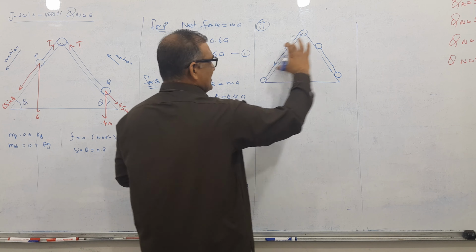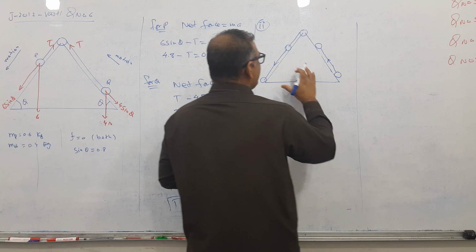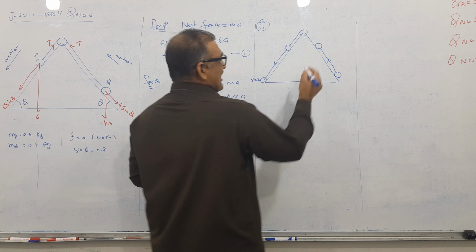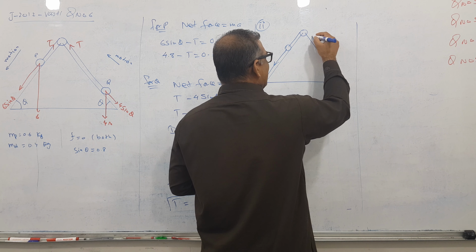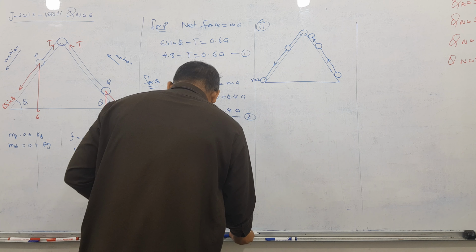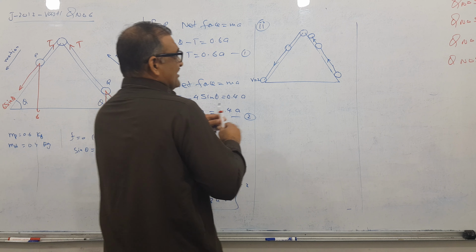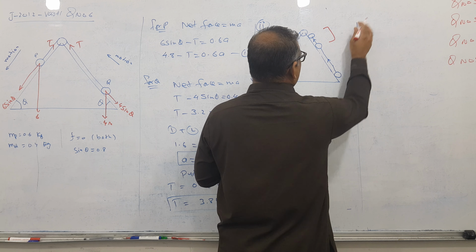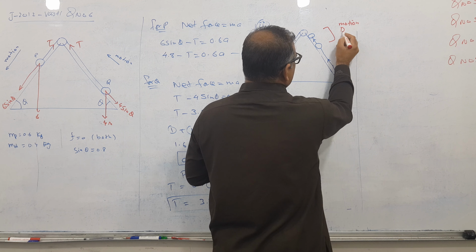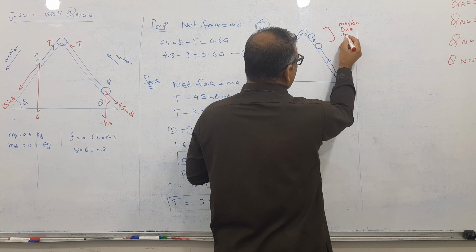And this distance equal to each other. Last speed at this moment is 2, and it will not stop here. It will go slightly up and stop here. So this, I can say here very clearly that this is called motion due to inertia.